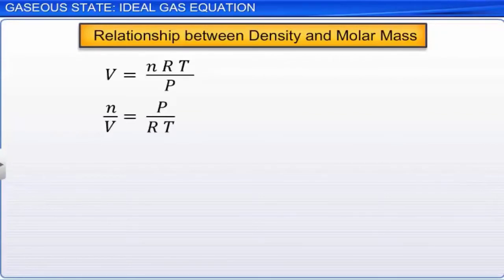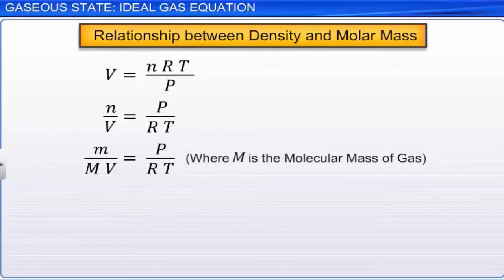We know that m by V is equal to d, where d is the density of the gas. Thus, we can rewrite the equation as d divided by M is equal to P divided by R into T. On rearranging the equation, we get the relationship to calculate the molar mass of gas as M is equal to d into R into T divided by P.